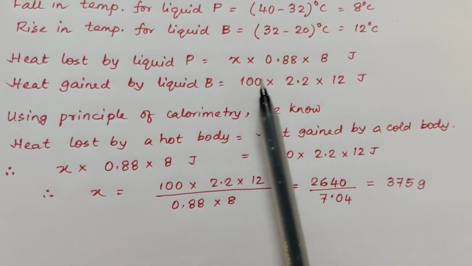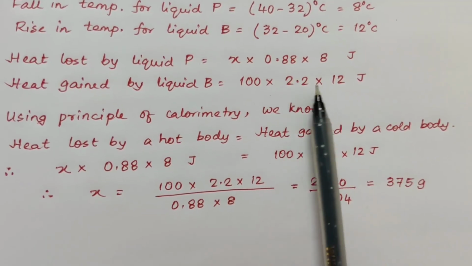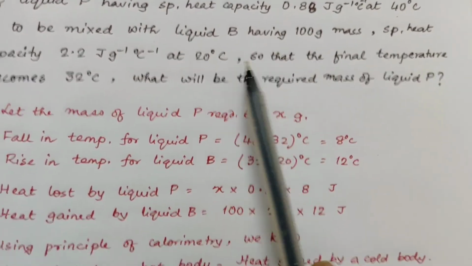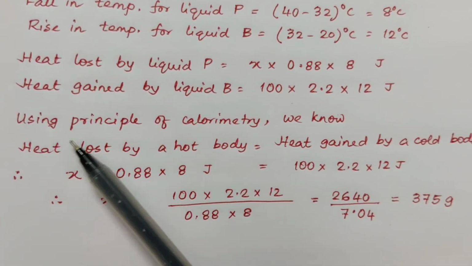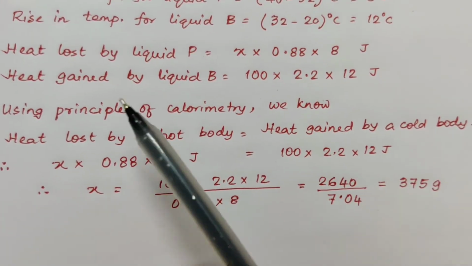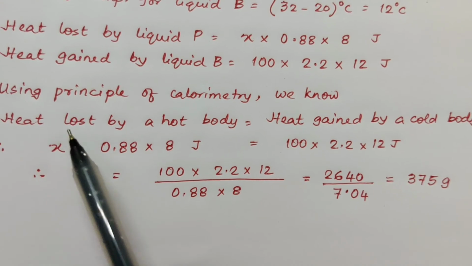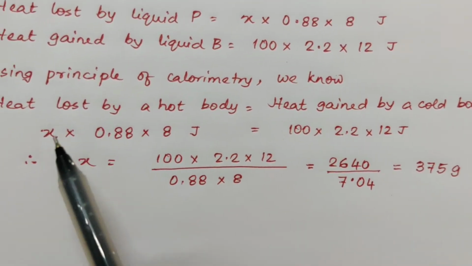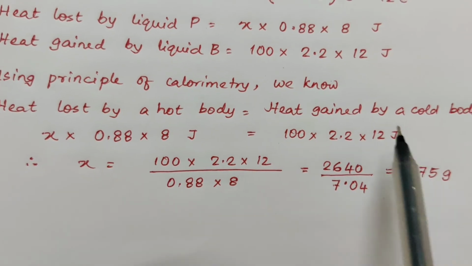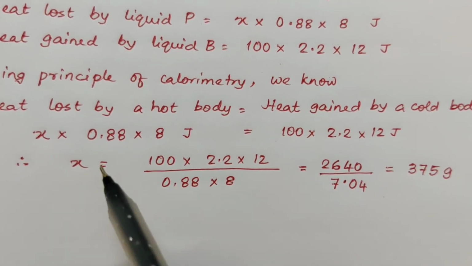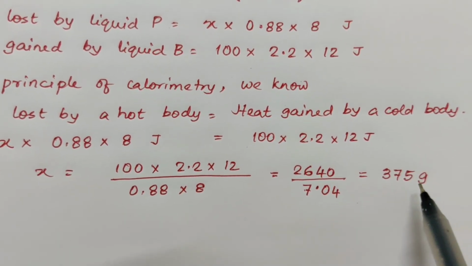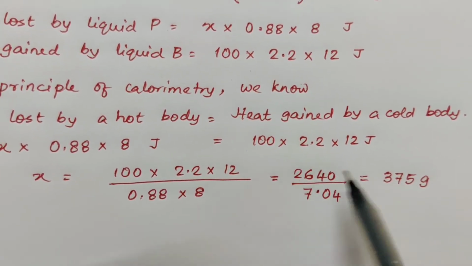Heat gained by liquid B is equal to 100 into 2.2 into 12 joule. 100 means here the mass is 100 gram. So using principle of calorimetry. What is the principle of calorimetry? Heat lost by a hot body is equal to heat gained by a cold body. So we equate them and we get x is equal to 375 gram in this process.